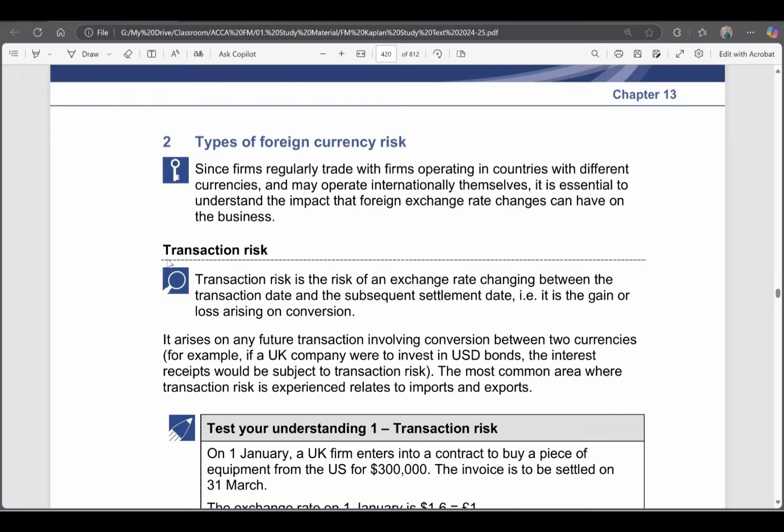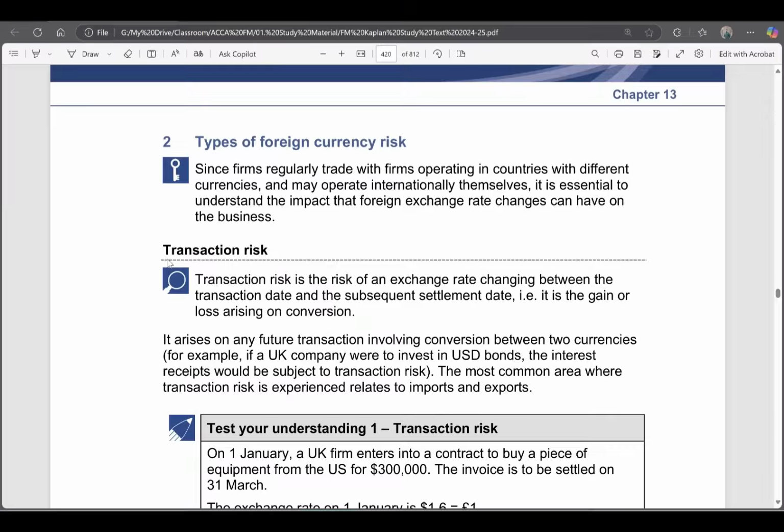Exchange rate risk will only arise when the transaction is going to happen today, but the settlement is going to happen in 1 month's time. A settlement of the money is going to happen in 2 months' time. Then we need to worry about the exchange rate risk. Why? Because we sell the goods today and we agree a price today.